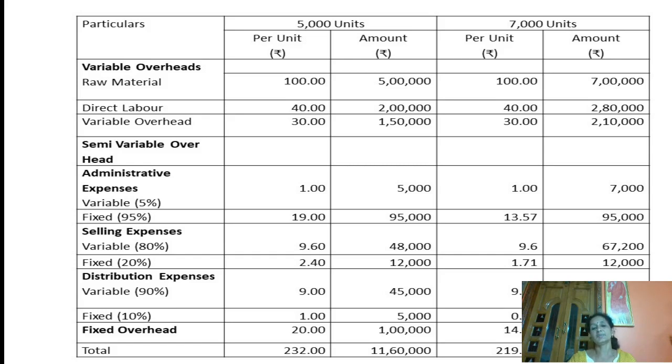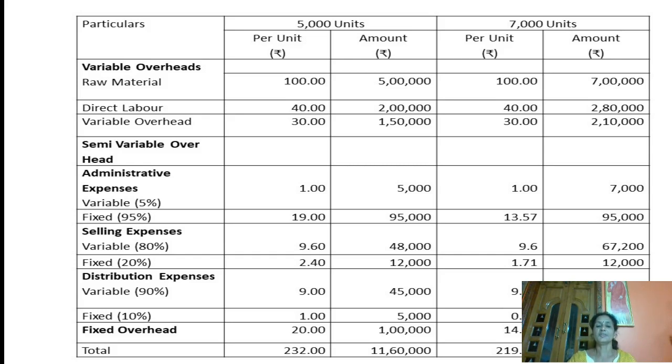This is fixed expense, so it does not vary. The only thing is you have to find out per unit cost for fixed. That is 5,000 divided by 7,000. Whatever amount you get, that will be the per unit cost. And for variable, in 10 rupees, if 1 rupee goes for fixed, 9 rupees is for variable.